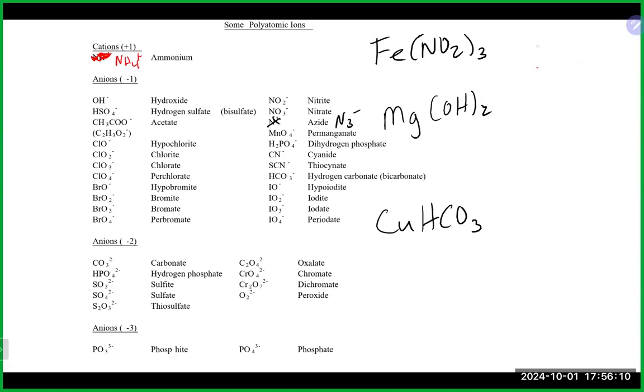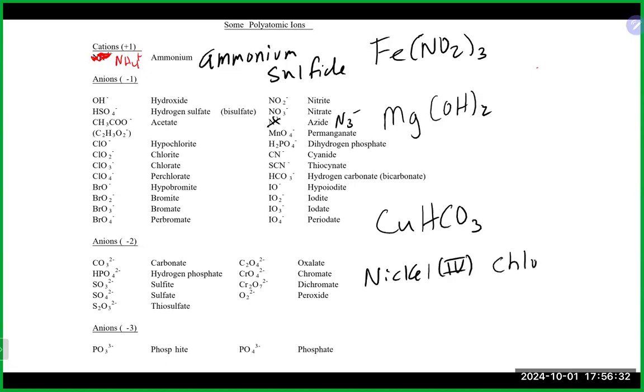And then why don't you write the formulas for, let's do ammonium sulfide. Let's do nickel(IV) chlorite.